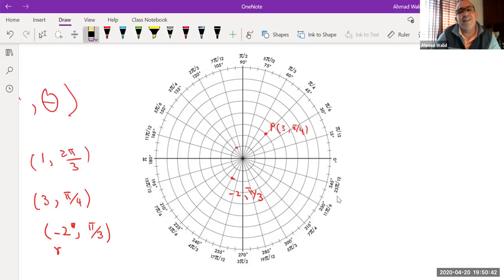It's really difficult for here. Correct now? (-2, π/3). There are a few examples in your book on page 699. There are many of them that you can see how you plot a point.